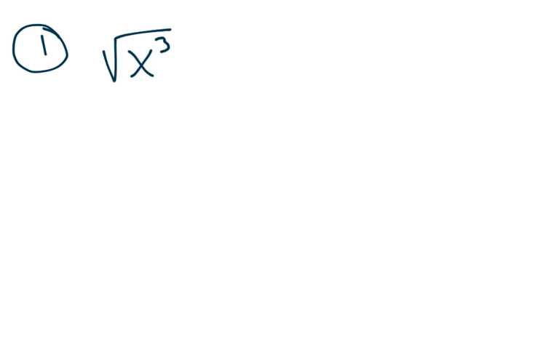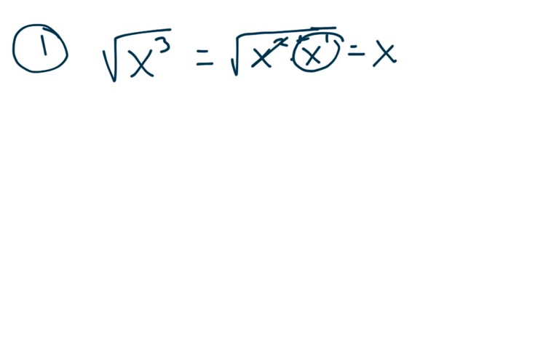Okay? All right, so let's look at what happens when our exponents are not evenly divisible by their indexes. So let's look at the square root of x to the 3rd. Now I can break this down into x squared times x to the 1, because 2 plus 1 gives me 3. All right, so the square root of x squared is just an x. I can't actually simplify that x anymore, so I just end up with x times the square root of x.